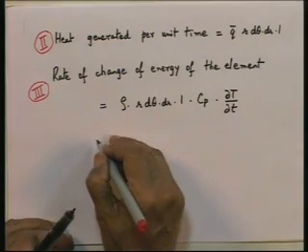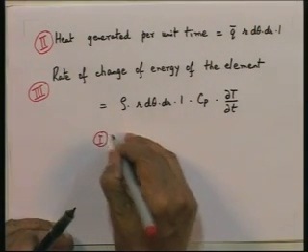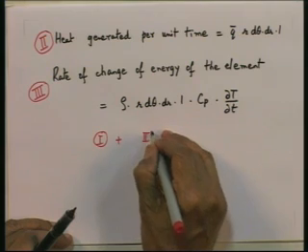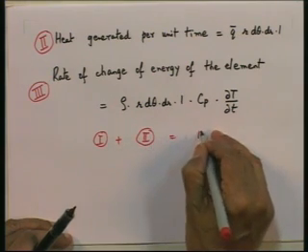So, again by the first law, 1 plus 2 is equal to 3.